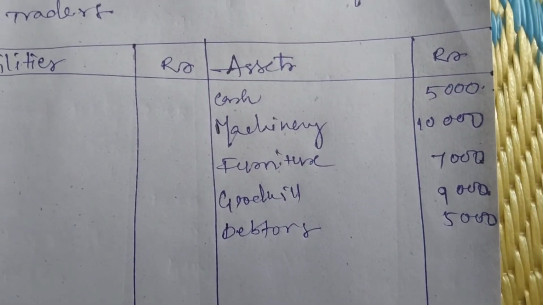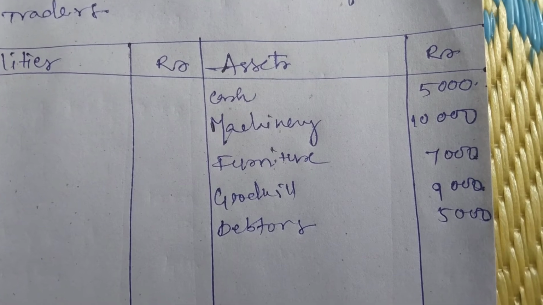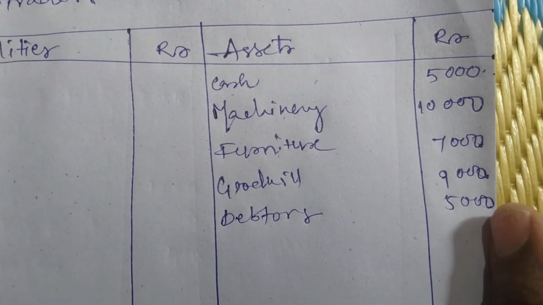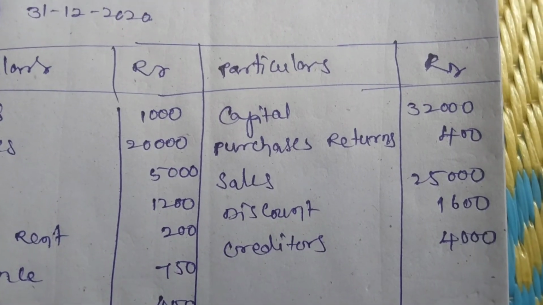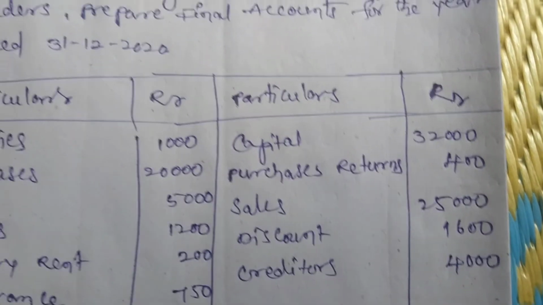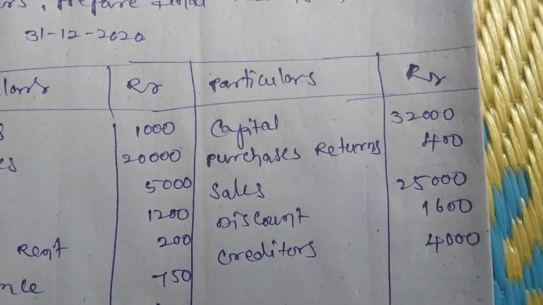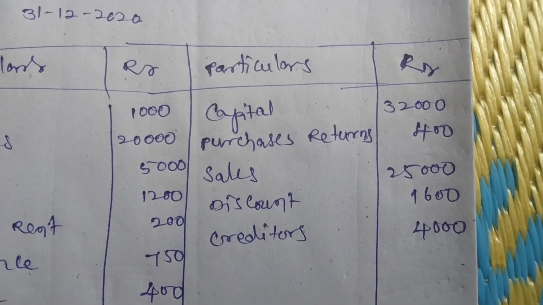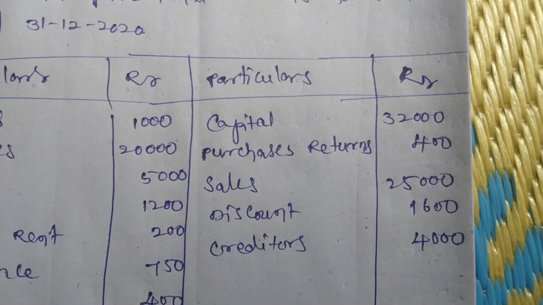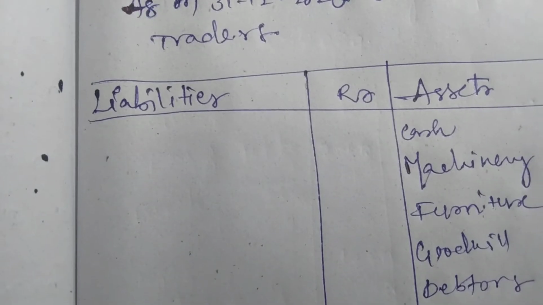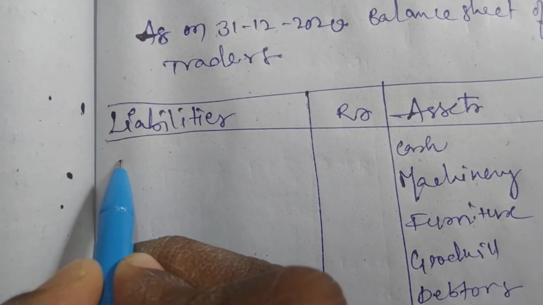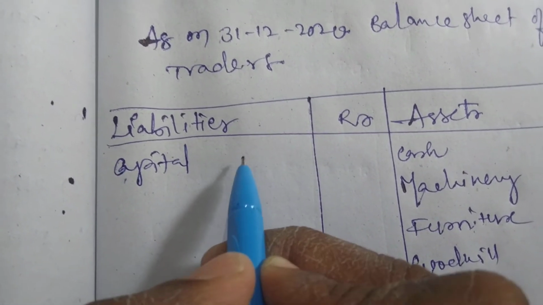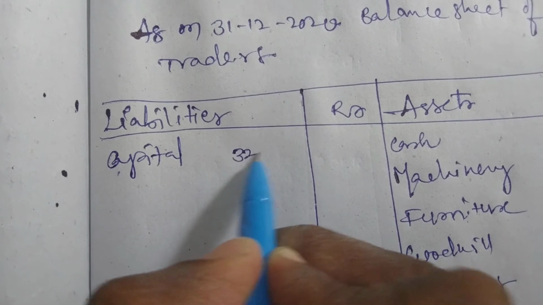Now watch, all the transactions of the debit side of the trial balance are completed. Next we go to the credit side of the trial balance. The first one is capital, 32,000. Capital is recorded on the liability side of the balance sheet, in the inner column.